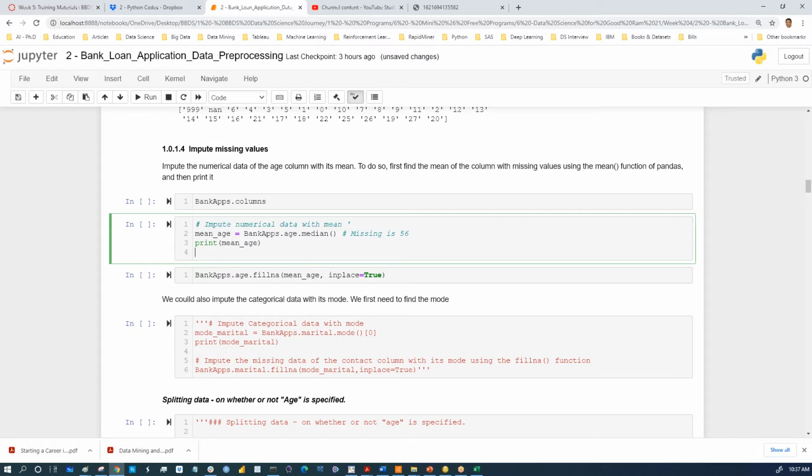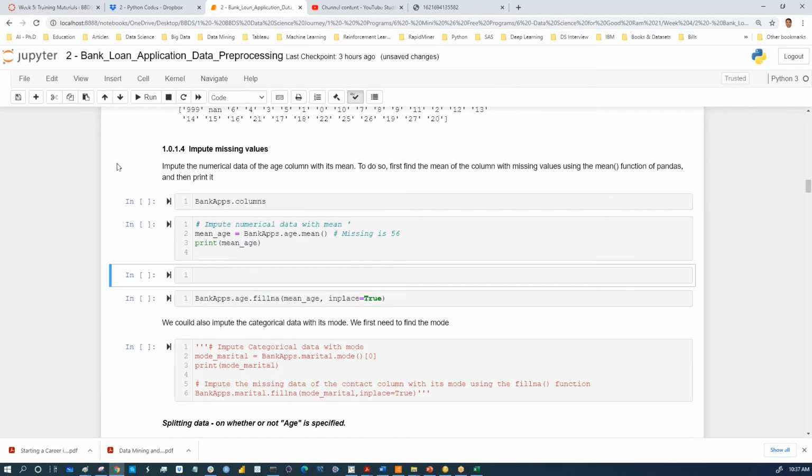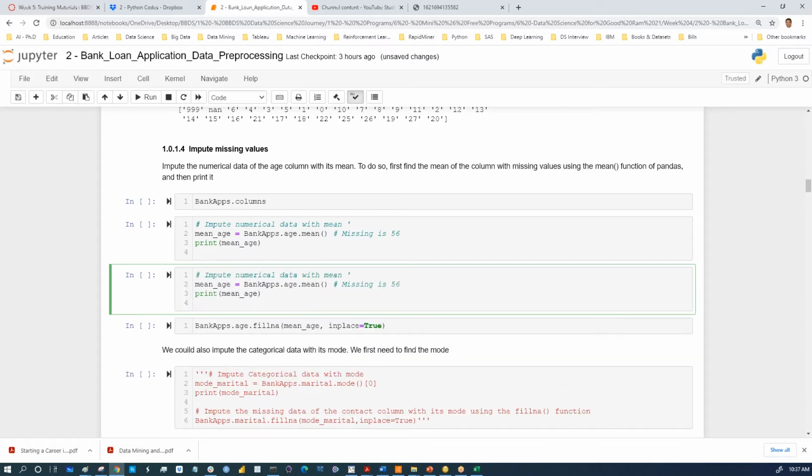So number one, we are going to calculate the mean using the mean value. We are going to do two things: create the mean and create the median. So let's calculate the median and the mean.